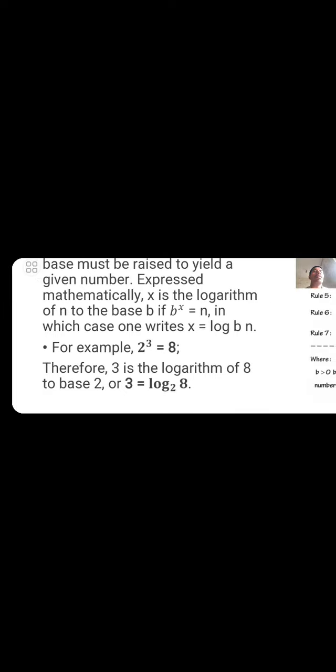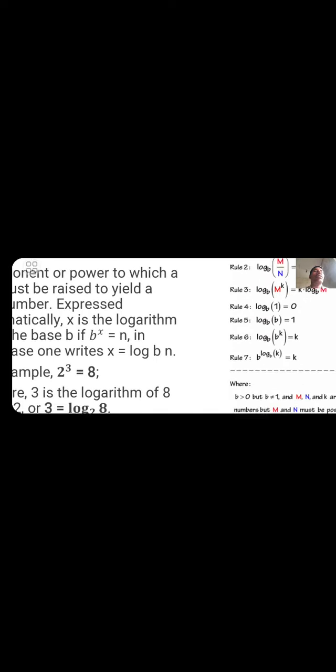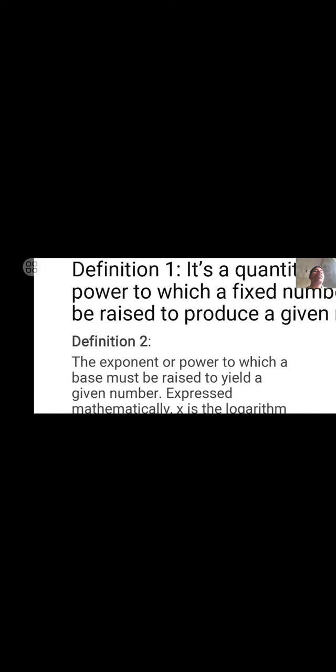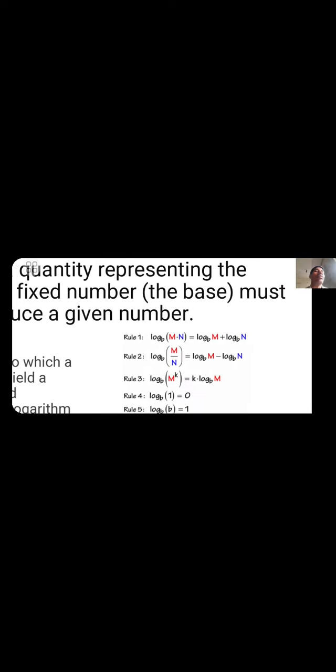But m and n should be positive. The k need not be positive. So these are the conditions for the rules or properties or formulas. These rules are used to simplify a given question or problem or function.